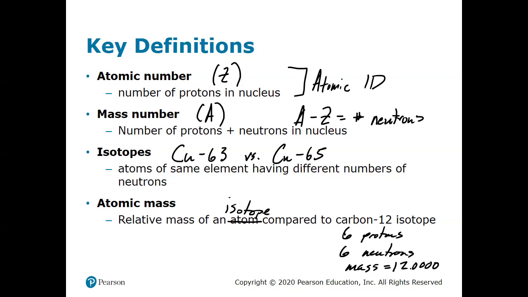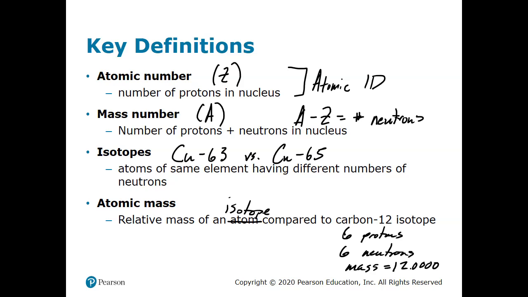So the more abundant an isotope is, the more of an influence it has on the atomic mass. So again, if we consider copper-63, which has an atomic mass of right around 63, it's like 62.9 something. And compare that to copper-65, which has a relative mass of 64.9 something. If I simply just took the average of those two, I get 64, give or take a little bit. But I look at the periodic table, the value is 63.5.